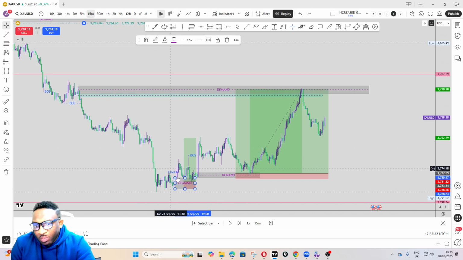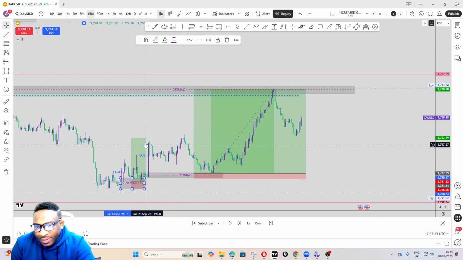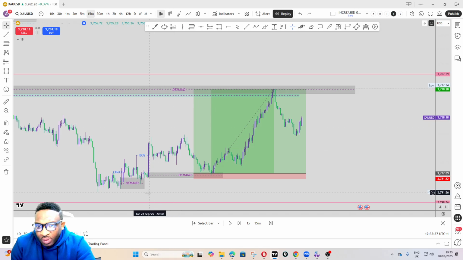And then at this point in time, we had price making its first move to break above this previous high that was put in, causing a change of character. So we then marked our demand zone. Price came into that zone and then pushed up again. But over here, we did not have imbalance attached to this. We couldn't identify any imbalance attached to it.